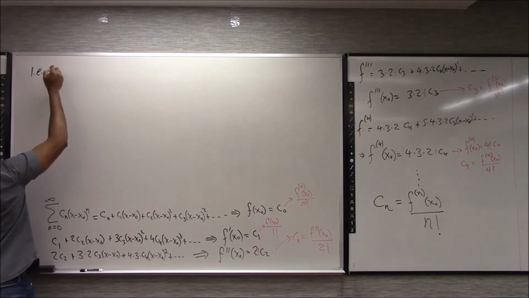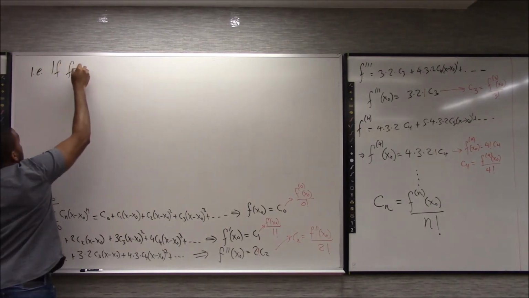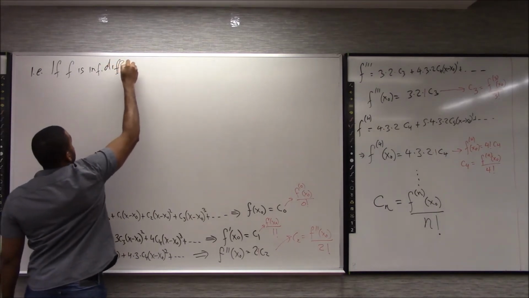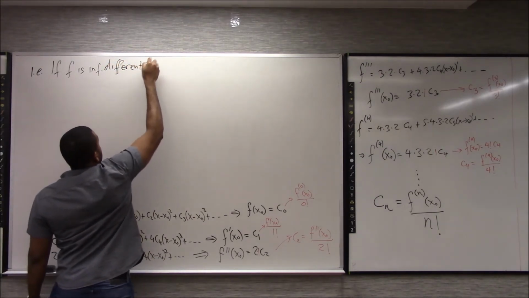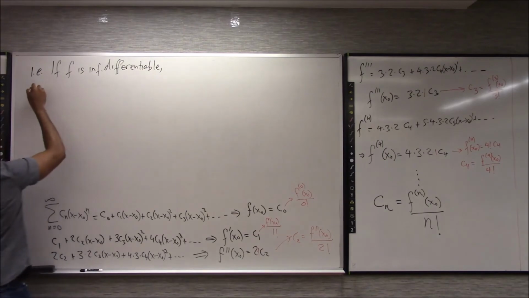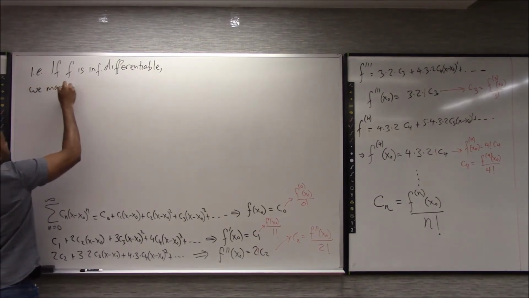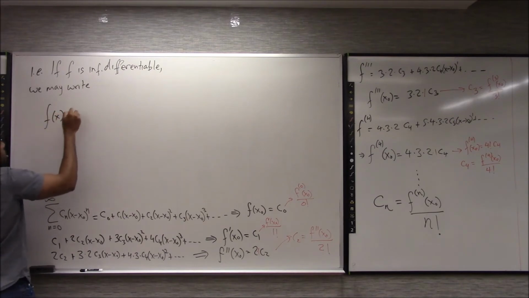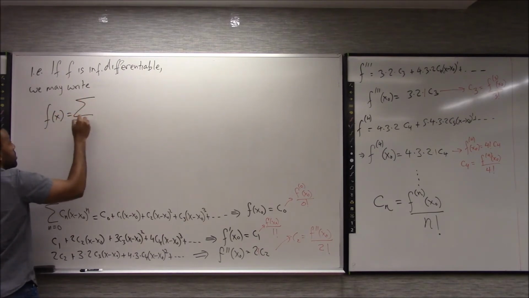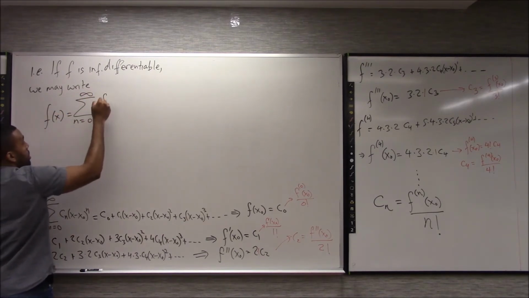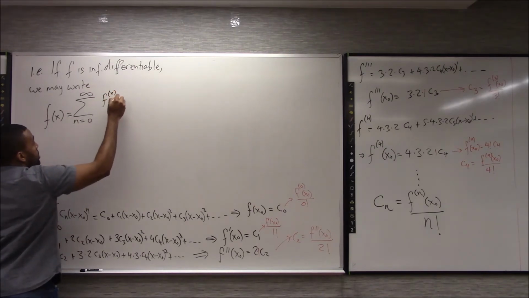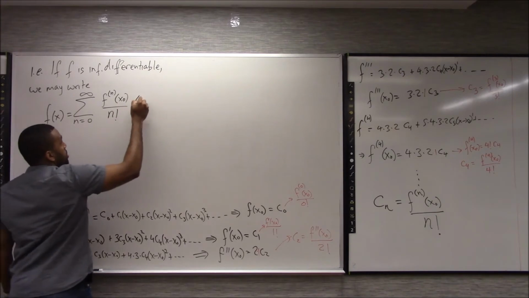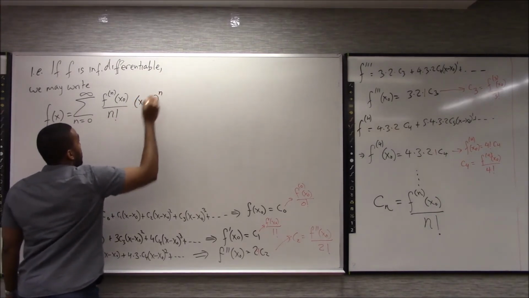I.e., if f is infinitely differentiable, we may write f of x is equal to the series from n equals 0 to infinity of f to the nth derivative evaluated at x naught over n factorial times x minus x naught to the n.